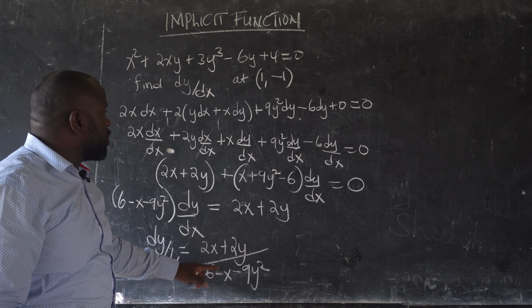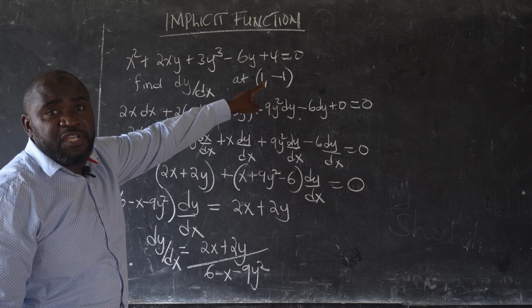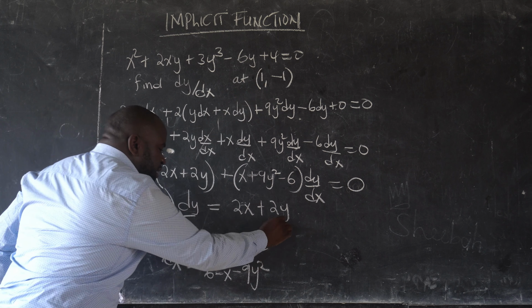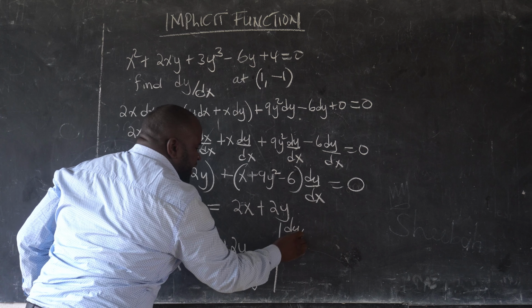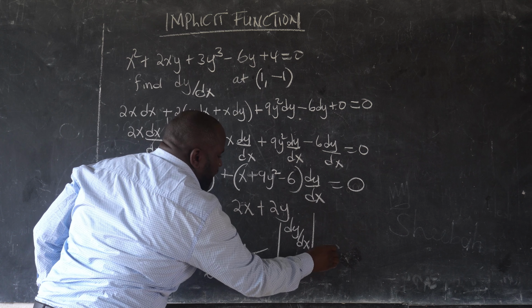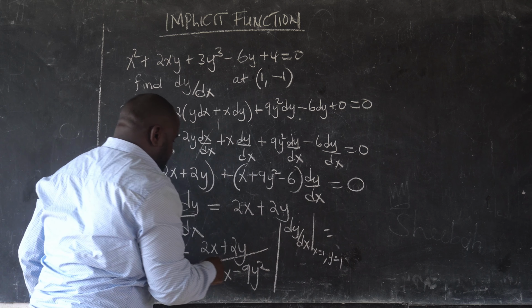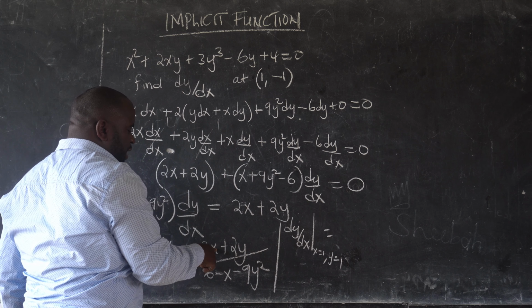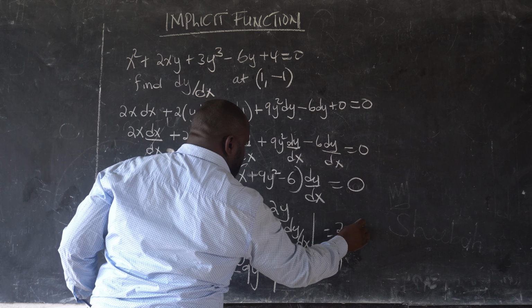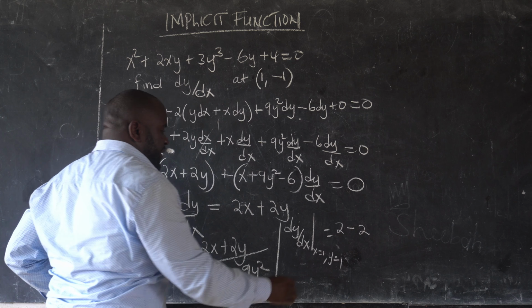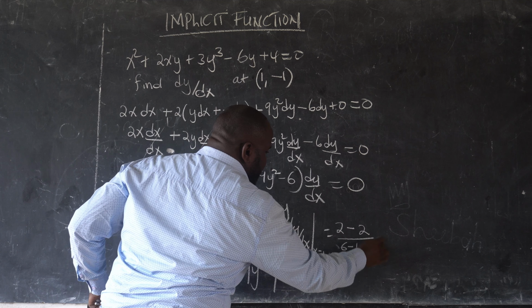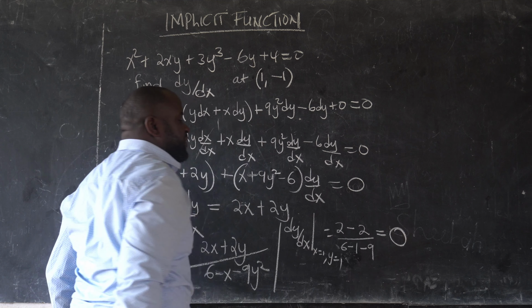If that is our solution, if they told you at a given point, then this point has to be substituted. So at that point, it means dy dx will be, when x is 1 and y is -1, I'll have 2x will be 2 minus 2 for y divided by 6 minus 1 minus 9, and the answer will be 0.